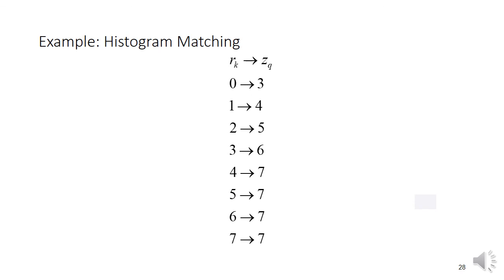So in histogram matching, more specifically, you can see the values of RK with the map of ZQ, which are given right in front of you: 0 transformed into 3, 1 to 4, 2 transformed, and so on.